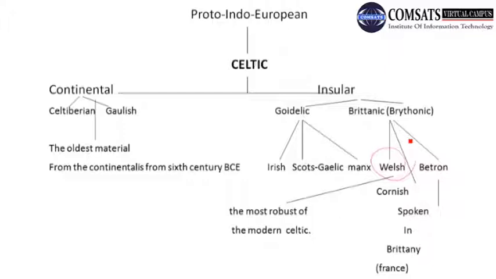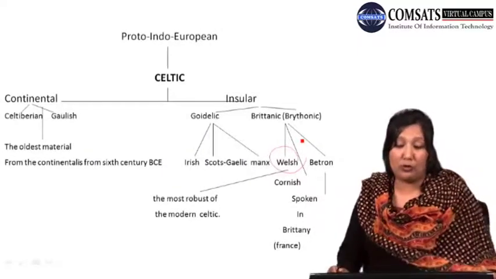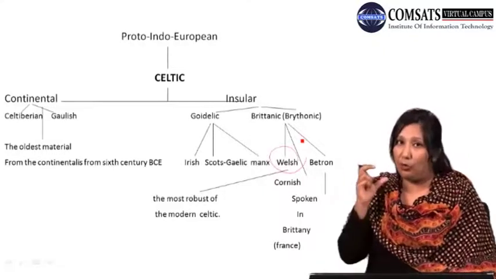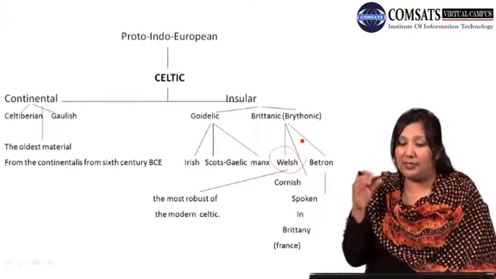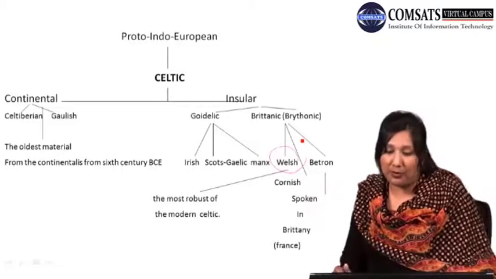Although the main origin is the same, Proto Indoeuropean, yet it has a different origin. Then Welsh is the most robust of the modern Celtic languages. Within the modern Celtic languages, we say Welsh is the most robust and the most remote language.